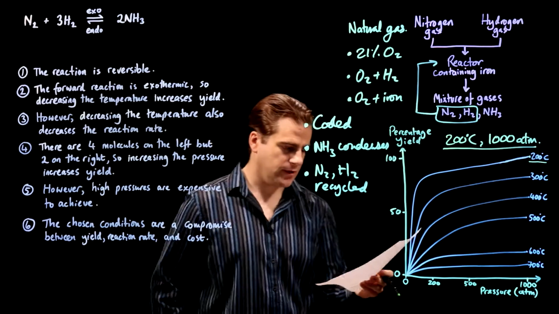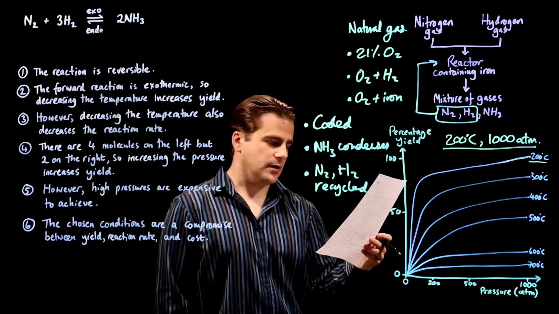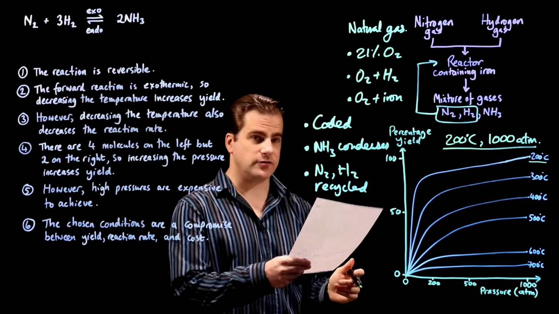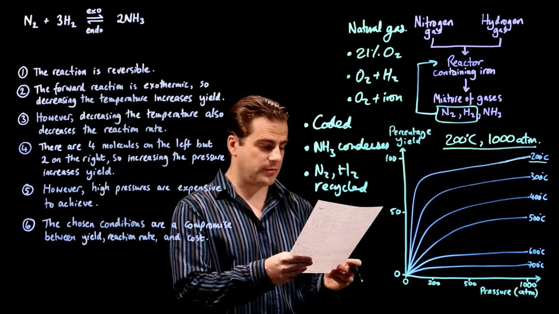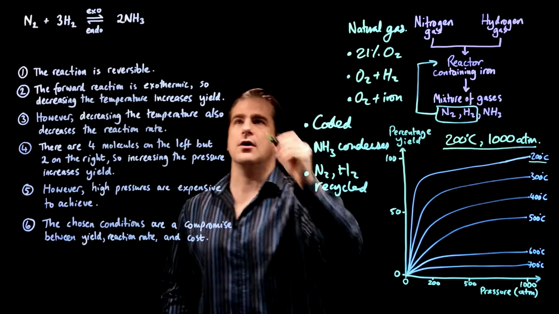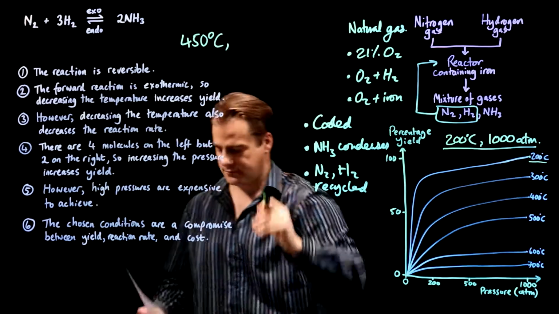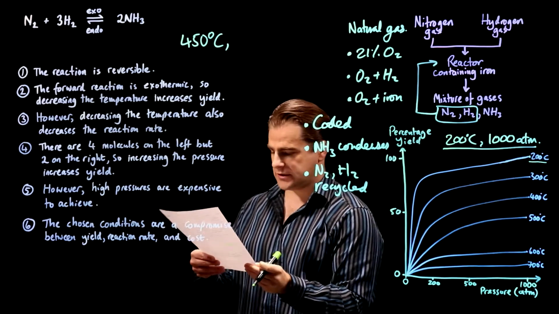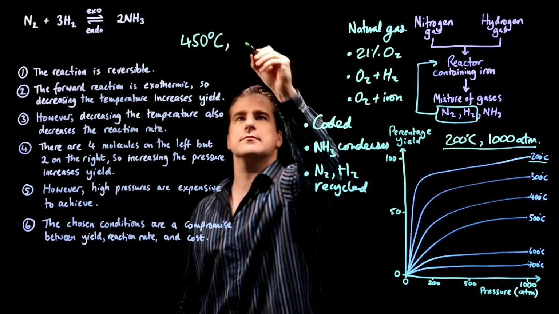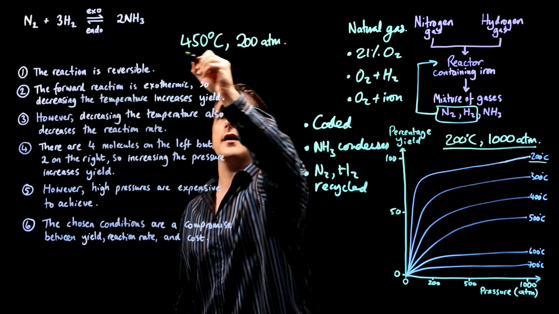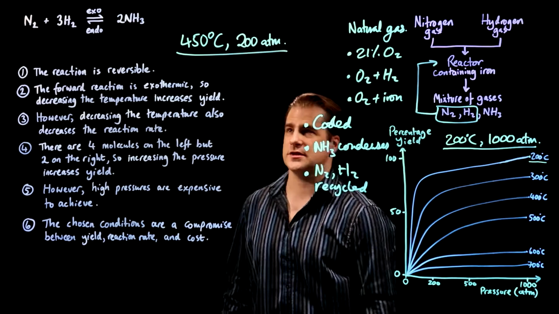Okay. Right. Use the graph to suggest and explain why the conditions used to produce ammonia in the Haber process are a temperature of 450 degrees C and a pressure of 200 atmospheres. Okay, this is a classic exam question.